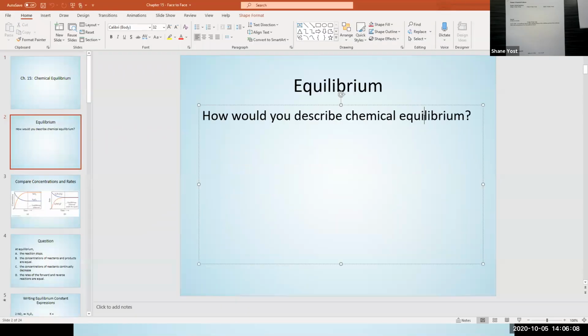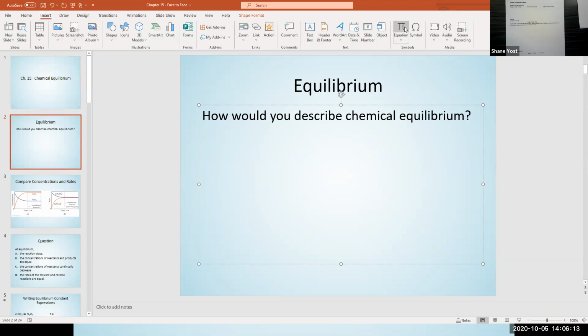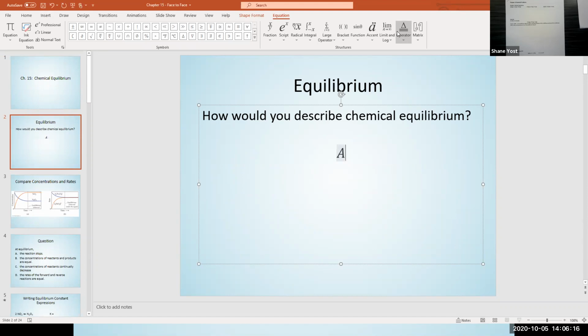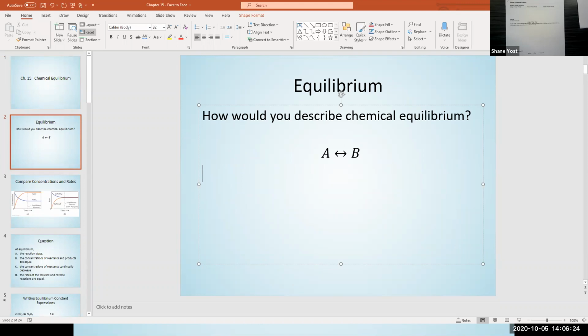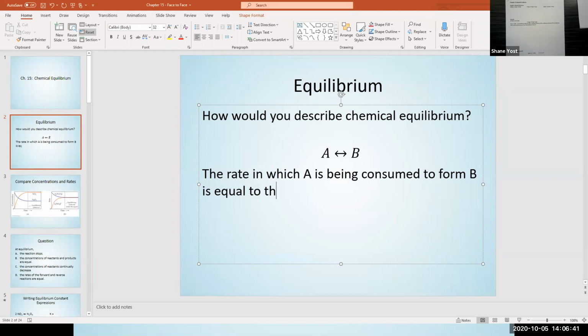So if we just have some reaction, A going to B, then at equilibrium, the rate at which A is being consumed to form B is equal to the rate at which B is being consumed to form A.